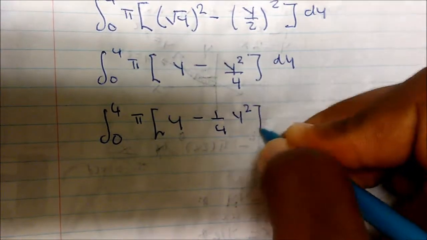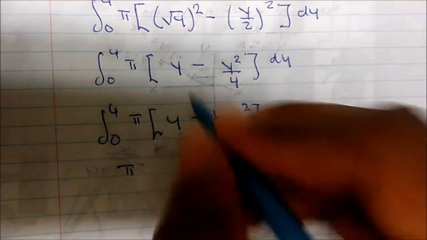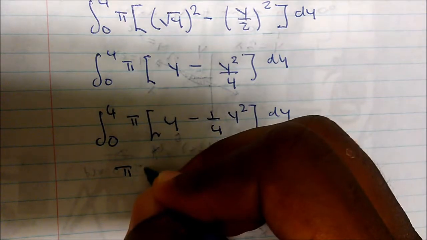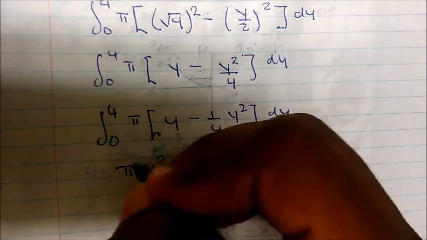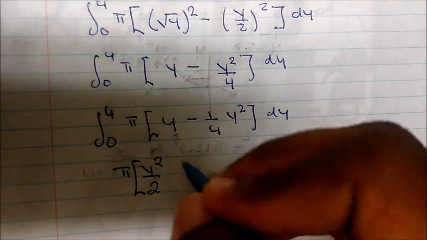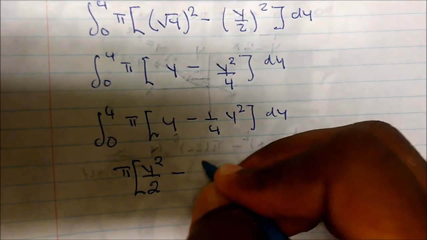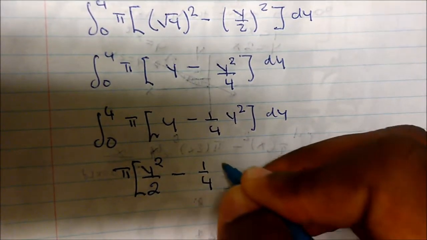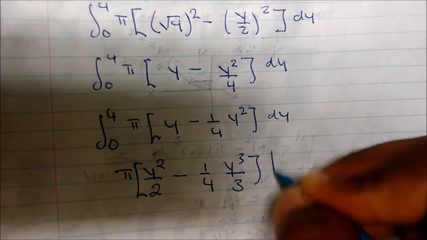Now if I take my integral, this is pi times, what's the integral of y? That is y squared divided by 2. And this is all multiplied by pi, minus 1/4 times y cubed over 3. Okay, and that is all evaluated from 0 to 4.